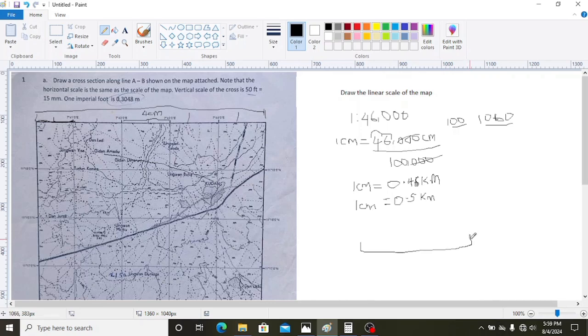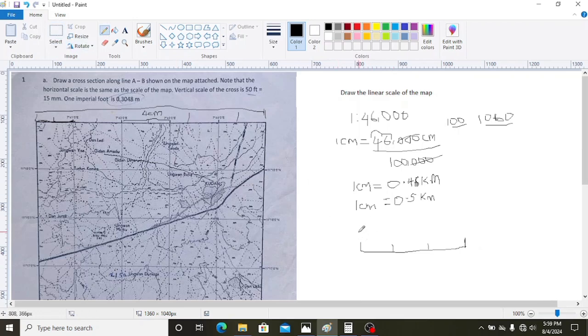Assuming I'm going to use 4 centimeters, from here to here is 1 centimeter, here to here is 2 centimeters, that's 1, 2, 3, 4. Let's say 4 centimeters here.